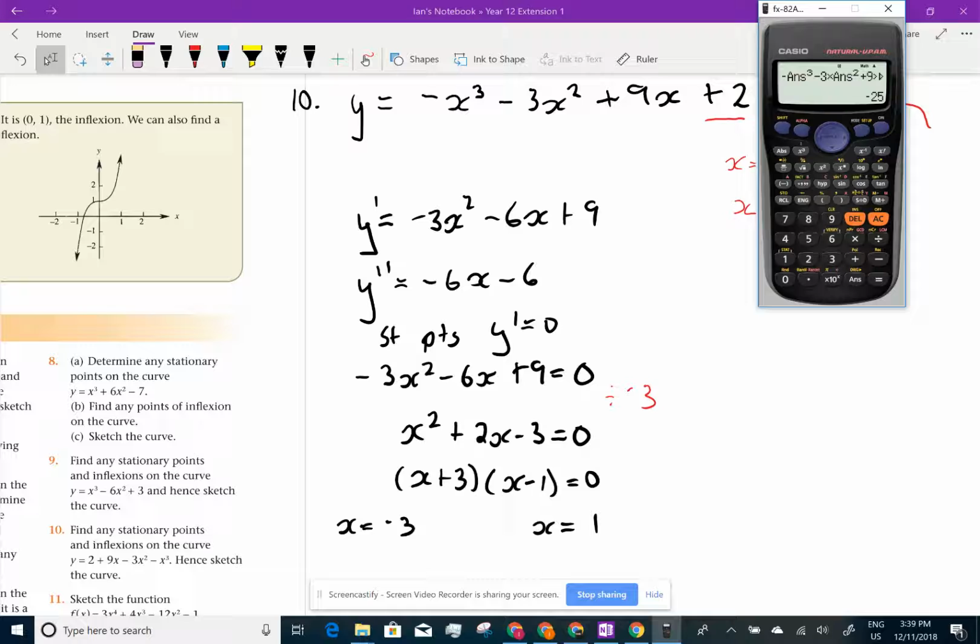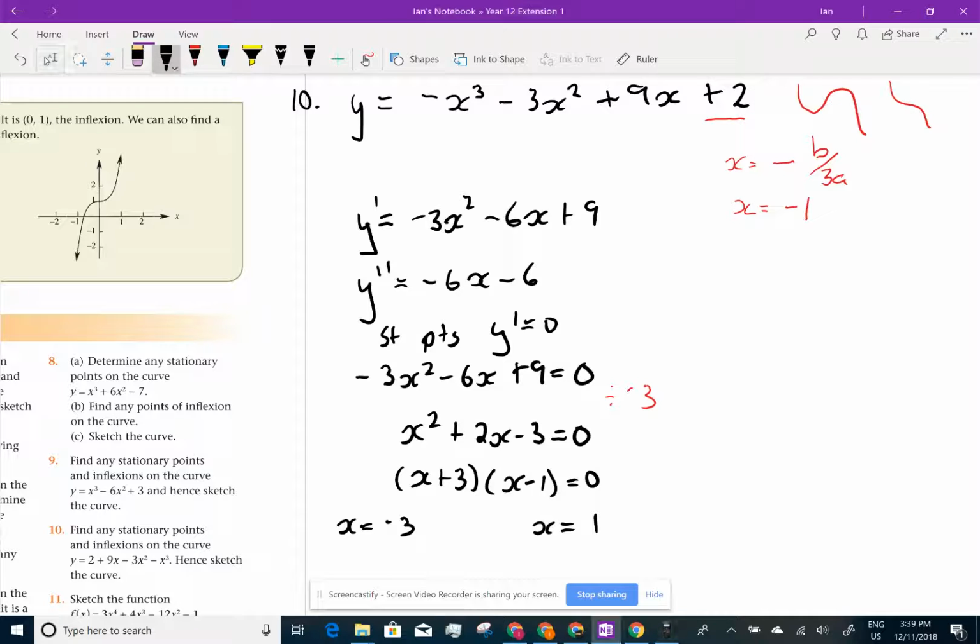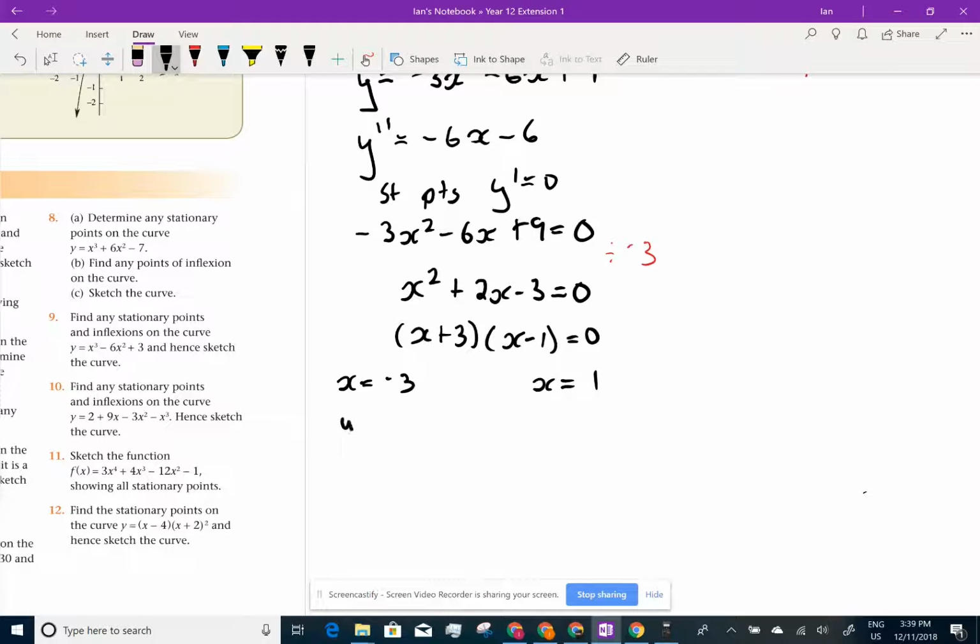And I get negative 25. Okay, so y equals negative 25. So I've got this point minus 3 and negative 25.